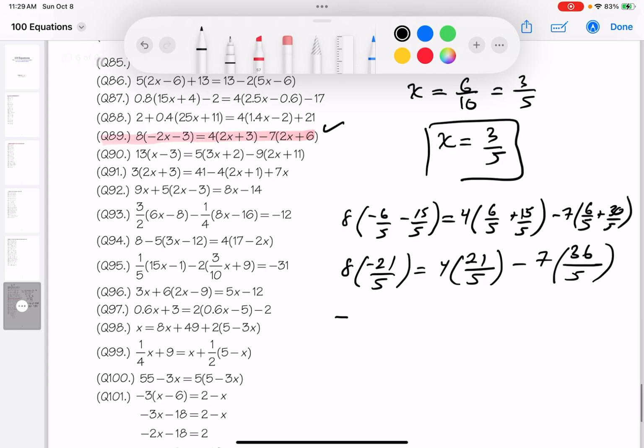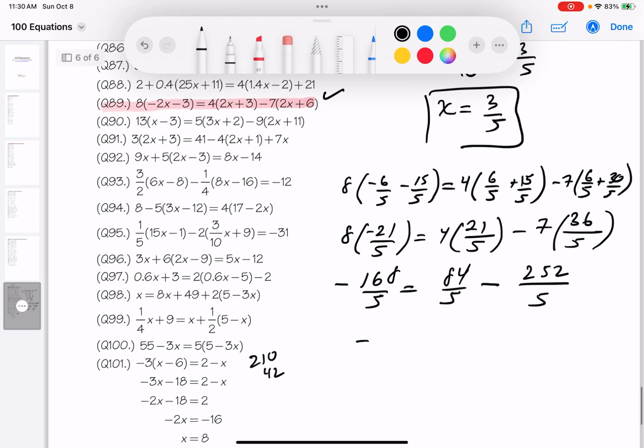This is going to be minus 168 fifths. This is going to be 84 fifths. And this is minus, well, it's going to be 210. All right, it's on the side for you. And 7 times 6 is going to be 42. That's going to give you 252 fifths. Wow. Let's take a look at that. Minus 168 fifths.